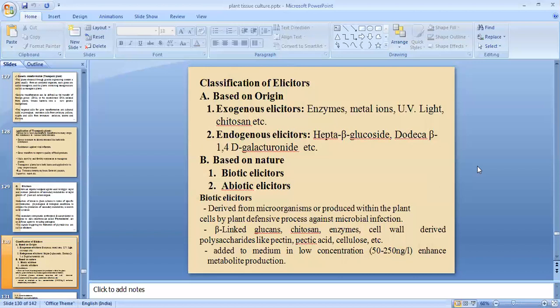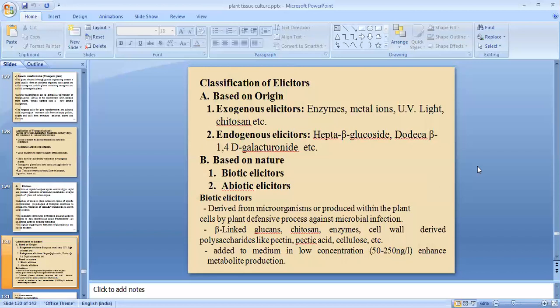And next, the classification of elicitors based on the nature, that is biotic elicitors and abiotic elicitors. So first you should know what you mean by the biotic elicitors. They are derived from the microorganisms or produced within the plant cell by plant defense process. That is, when a plant gets infected with a microbial infection, it will produce some defense products. They are called as the biotic elicitors.